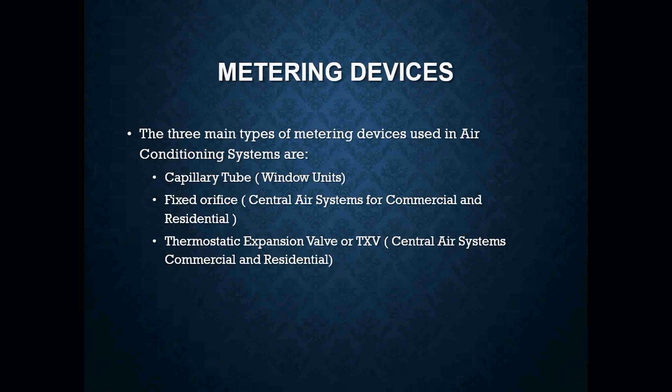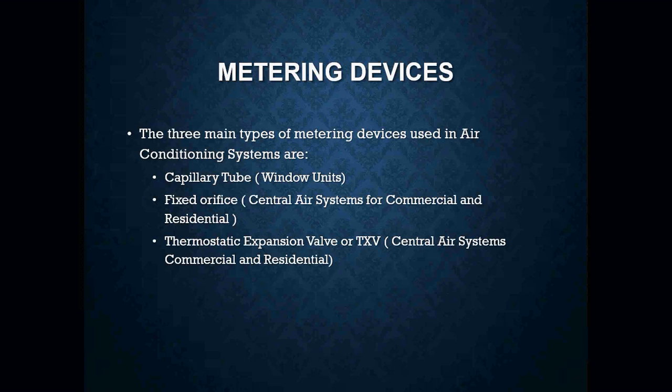Usually in air conditioning systems, you're going to find three types of metering devices. You're going to have a capillary tube, which is found in a lot of your window units, maybe some PTAC type units. You're going to have a fixed orifice or piston type metering device.